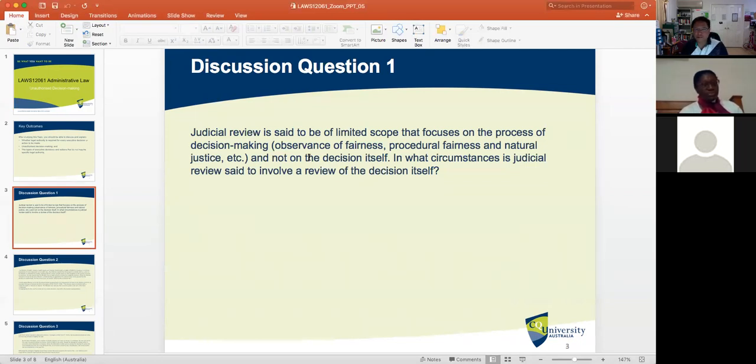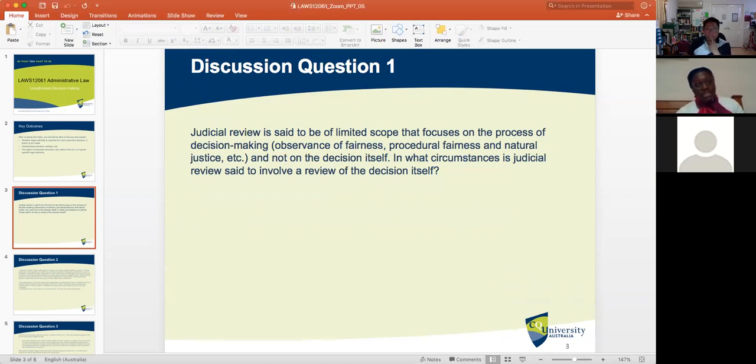There are common law grounds and statutory grounds for judicial review, like we discussed in week 4. Some common law grounds are excessive or unlawful exercise of administrative power, like in the case of Attorney General of New South Wales versus Quin, 1990, 170 CLR 1.